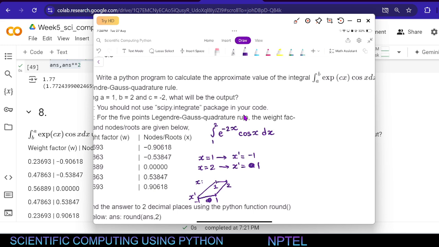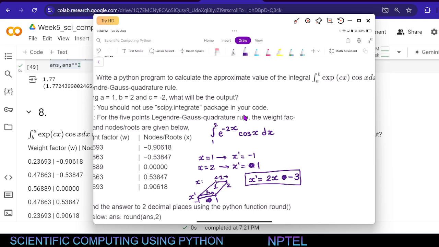First you calculate the stretch factor. This is unit length and this is length of 2, so you need to stretch by a factor of 2. So x prime is going to be 2x plus some shift. That you can easily calculate, because for 1, 2x will be 2, but you want to go to minus 1. So you have to go left by 3 units. Okay, so this is the transformation.